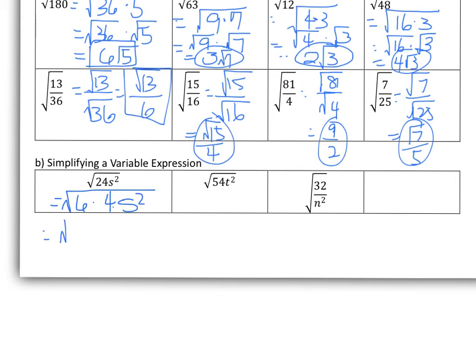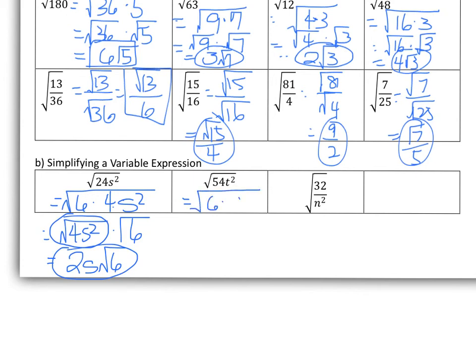So we can split that up, and we could take the square root of this to be 2s radical 6. And this one, 6 times 9t squared, and radical 9t squared times radical 6. So you're going to have 3t.